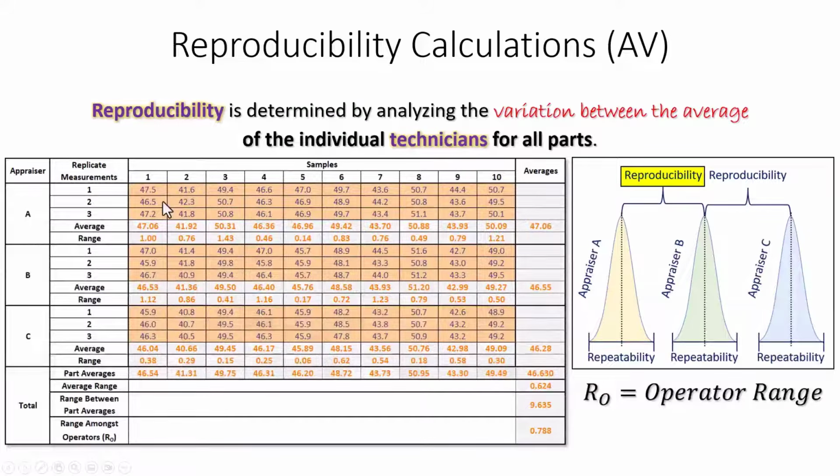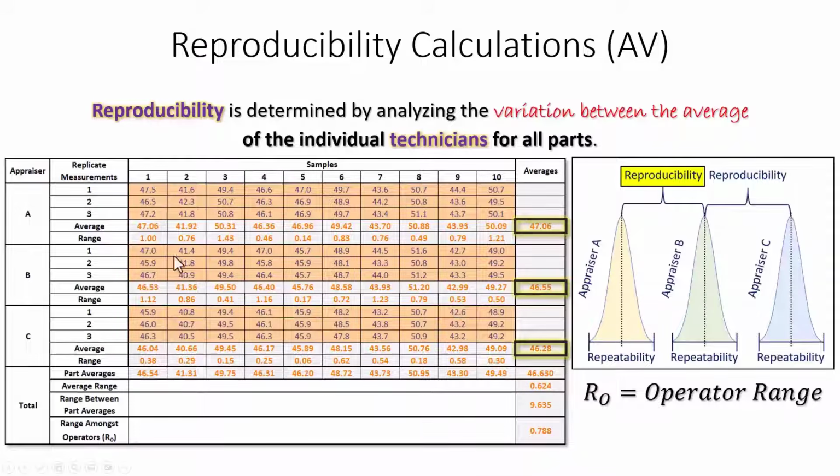If we go back to the data set, remember we have 3 different appraisers, and we're going to calculate an average for each appraiser. So for appraiser A, we could take the average of all 30 data points that appraiser A came up with.